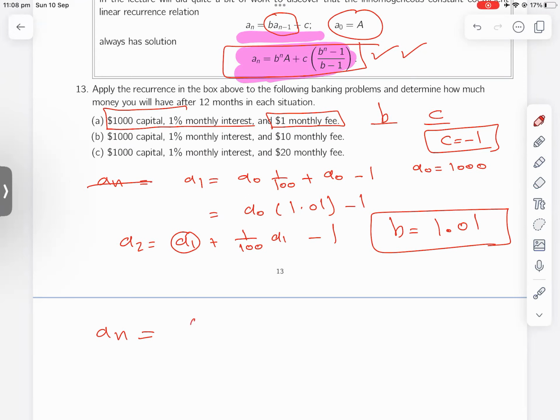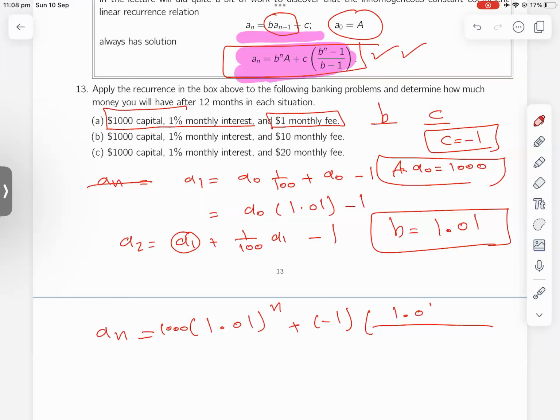An is 1.01 power n times A, which is this one here, 1000, plus C, which is -1, and this is B, 1.01 power n minus 1 divided by B minus 1, which will be 0.01.